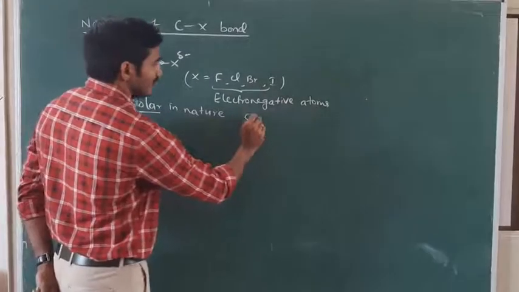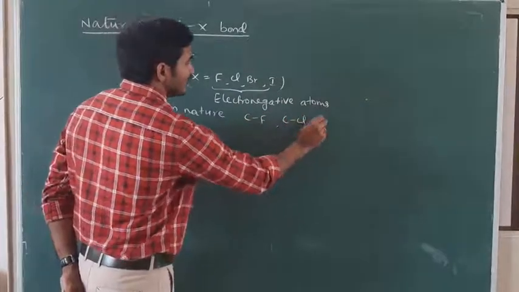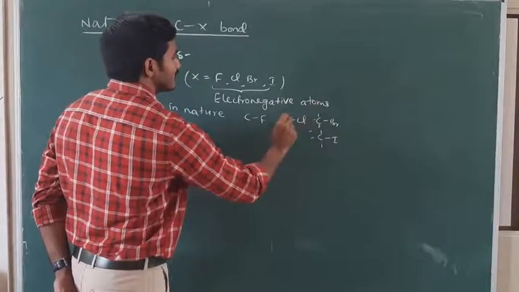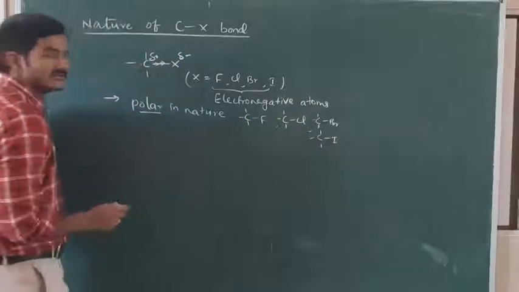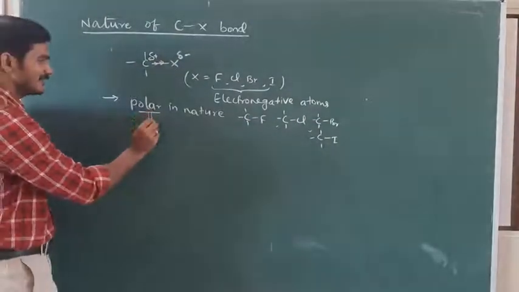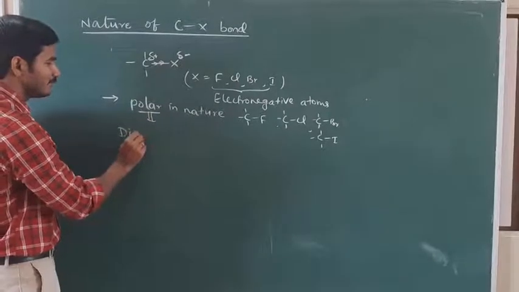Whenever the bond is polar, which is more polar? We have fluoroalkane, chloroalkane, bromoalkane, iodoalkane. Different types of haloalkanes are there, right? In all these haloalkanes, which is more polar? Polarity can be calculated by using the dipole moment.